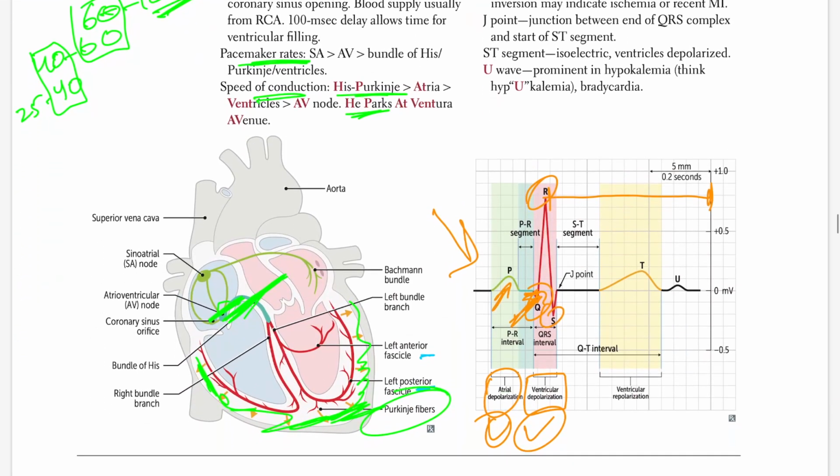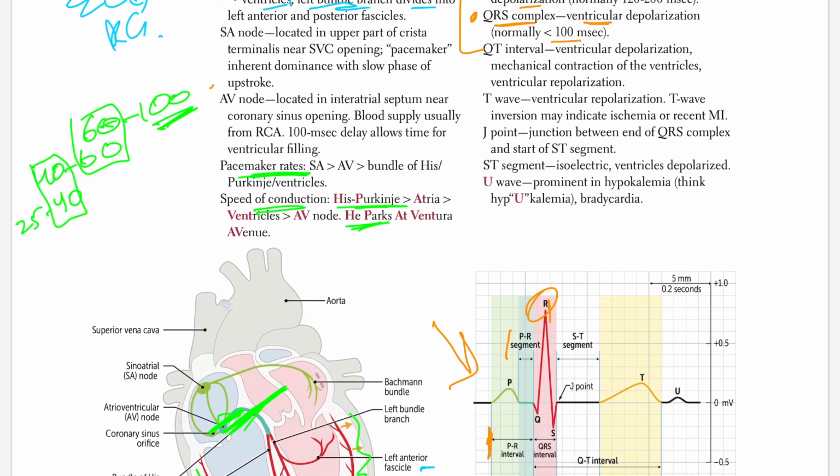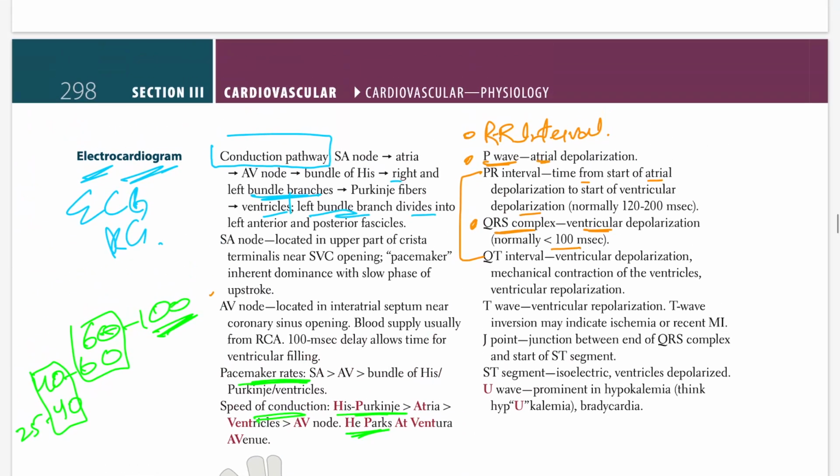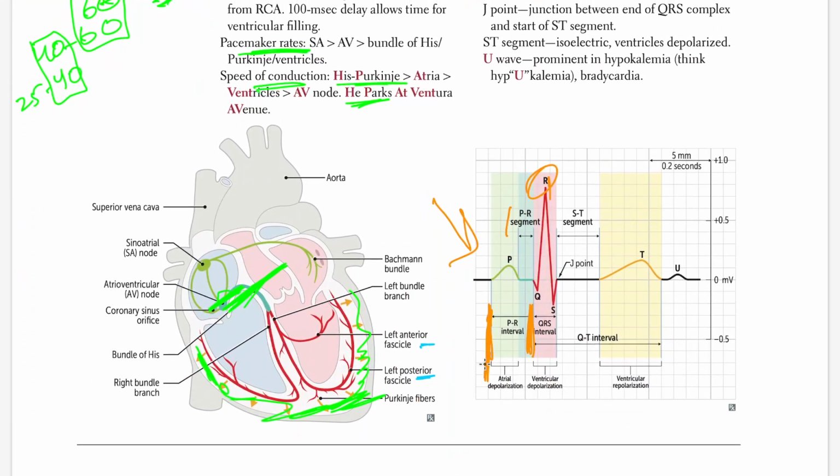So this is the PR. The PR interval is the time from when the atrial depolarization starts till the time the ventricular depolarization starts.